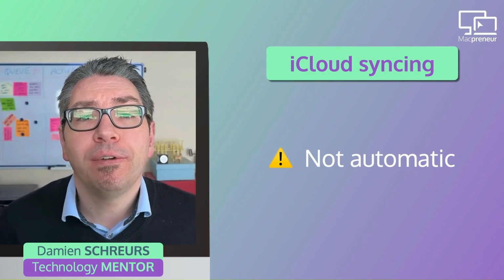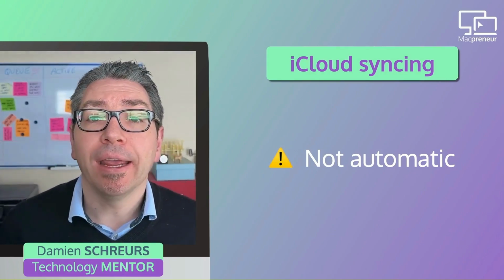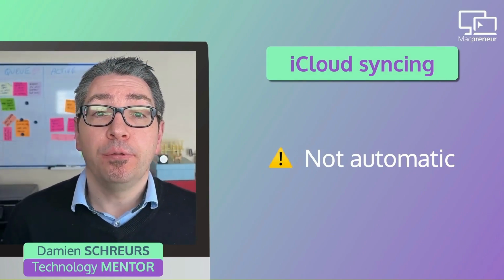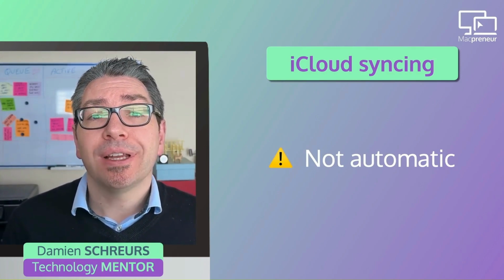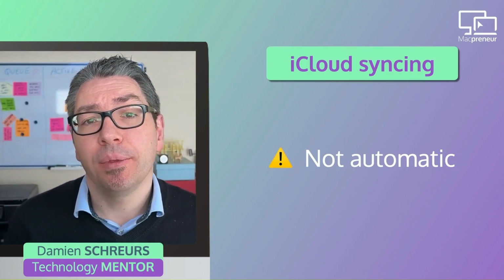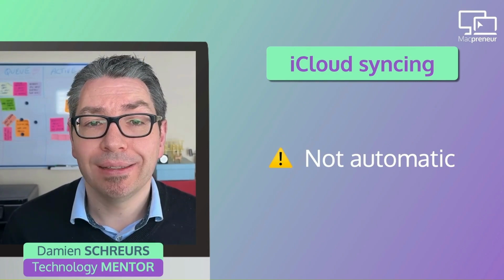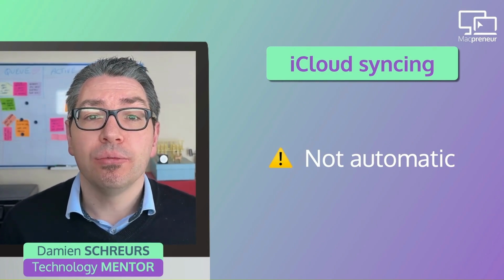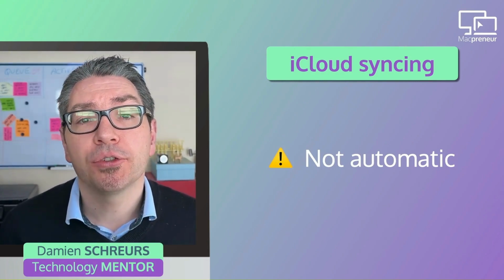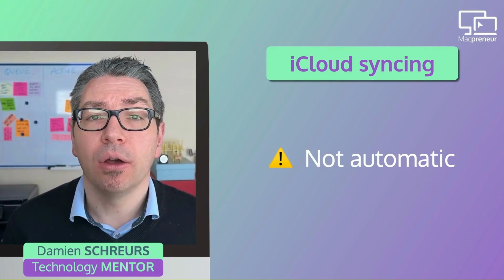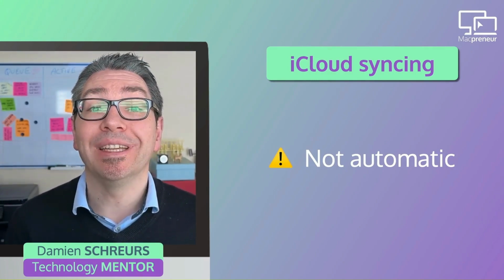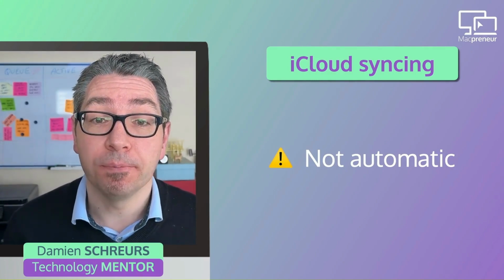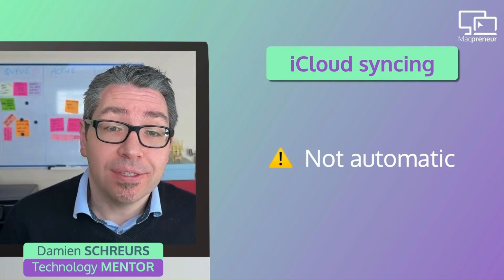Now, a few final words about iCloud synchronization. First, it's not because iCloud can synchronize something that it does that automatically. You need to manually configure which service linked to iCloud gets synchronized on each device individually. And Apple gives us that freedom.